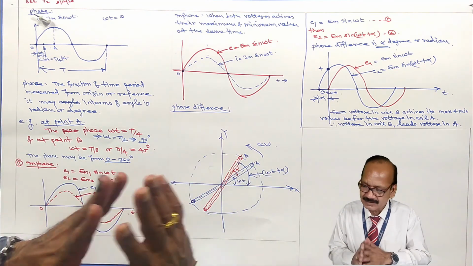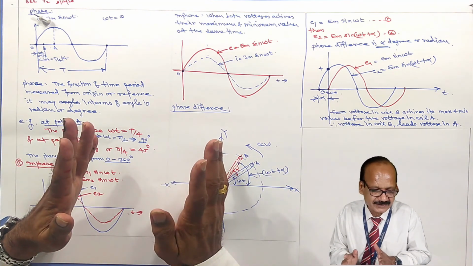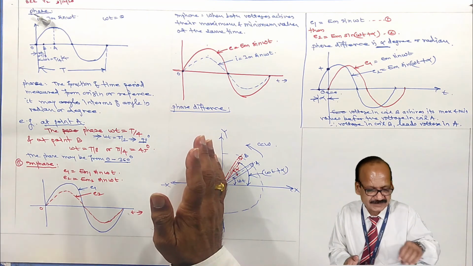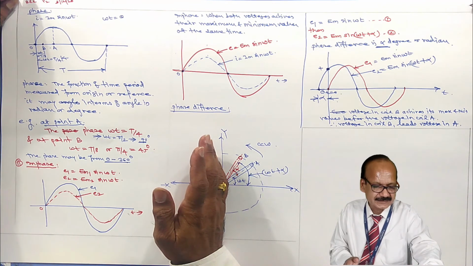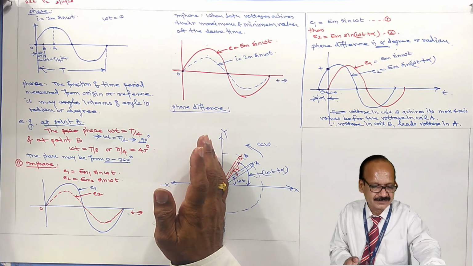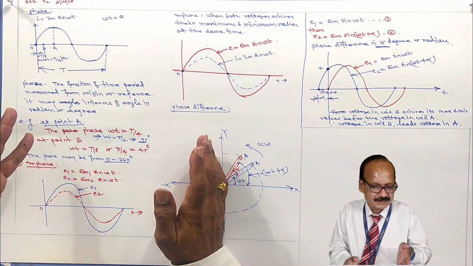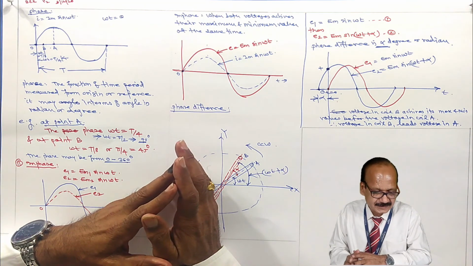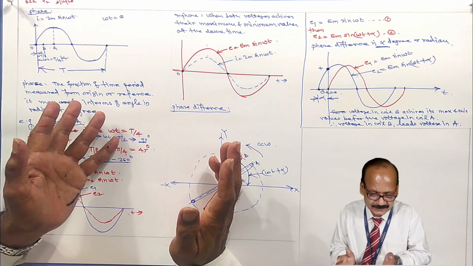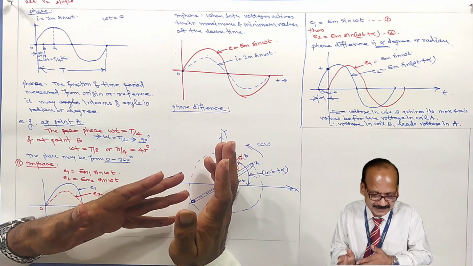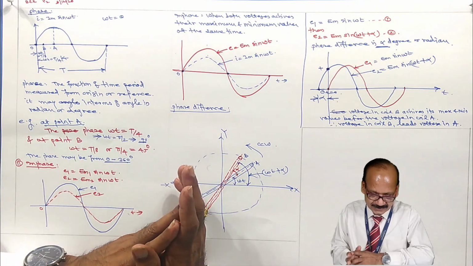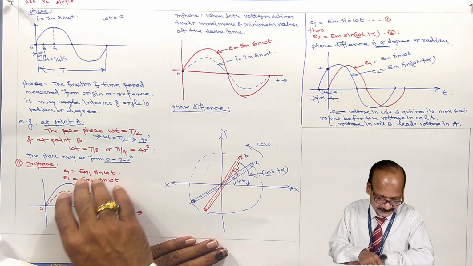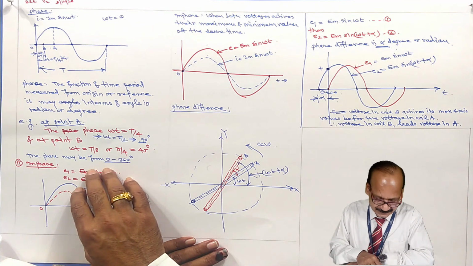Now we will stop here. Today what we have learned in this video lecture: what is the phase? That is nothing but the fraction of time period that is measured from the origin. It is either in terms of time or angular displacement theta. Then the in-phase quantities, where both the quantities achieve their maximum and minimum values at the same time.